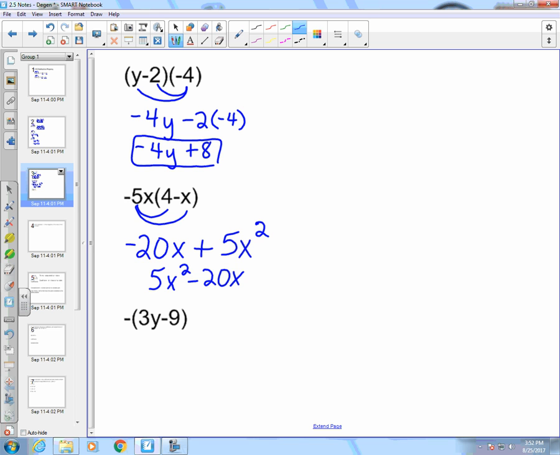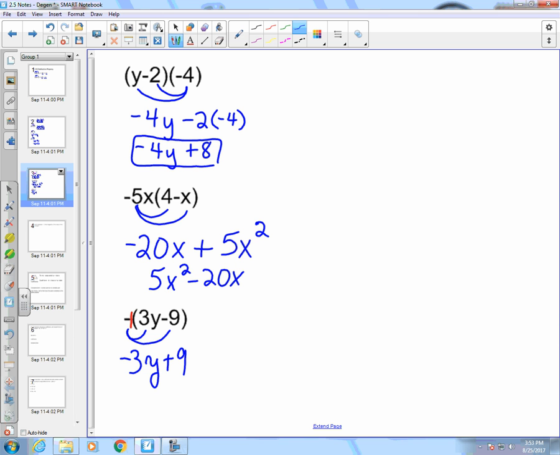This last problem, what is that? Outside the parentheses, it's a negative sign. What number does that mean? It means that this is a negative 1 out there. So you're distributing a negative 1 to both numbers inside the parentheses. That gives us a negative 3y and a positive 9.